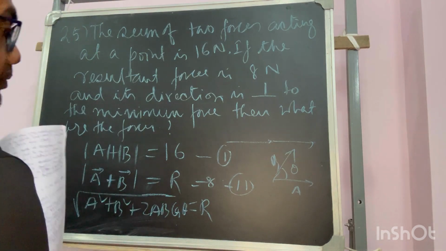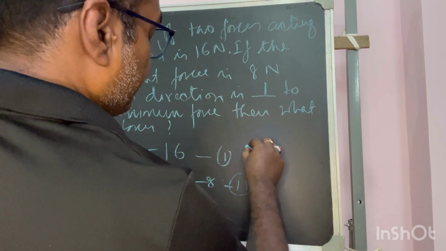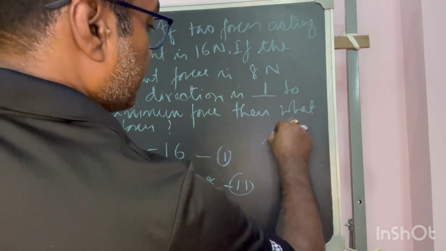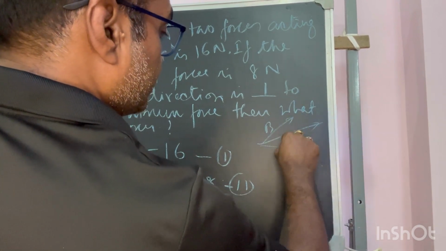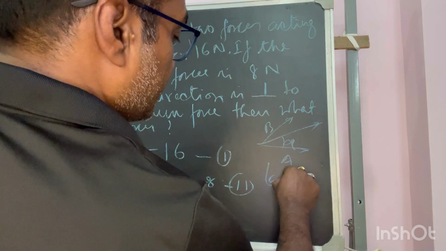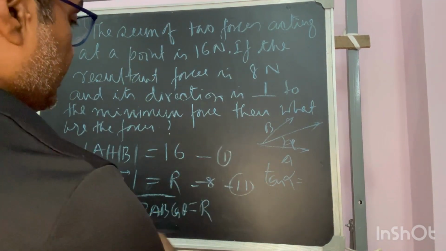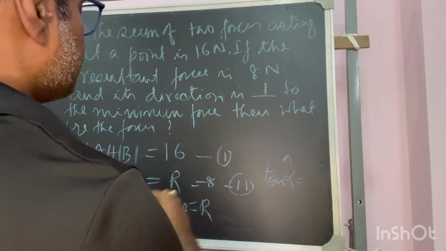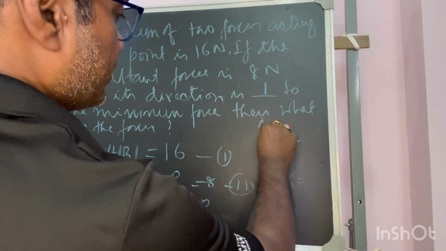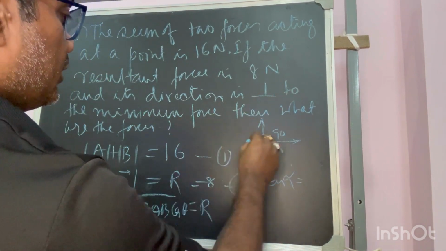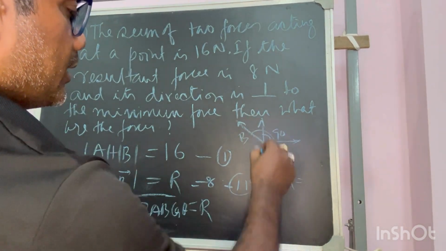Now another thing: what is the angle in between? If I say two vectors A and B are acting and the resultant is this, with this angle alpha, then if I draw it correctly, the resultant is this way, the minimum vector, let's say A, is this way, which makes 90 degrees, perpendicular to the resultant, and the other vector we are assuming this way.